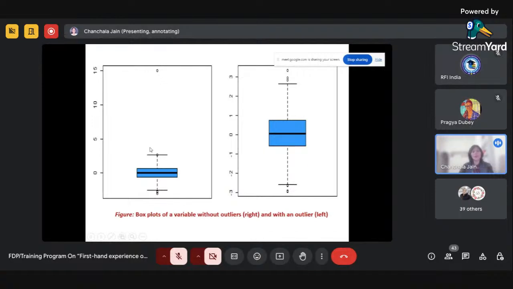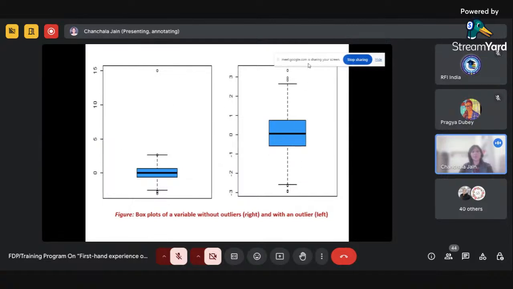If outliers are very near to the whisker, upper and lower, they may be considered part of your data. But if any data point is very far from the whiskers on either side, you need to decide whether to drop that data point or keep it. That will be the decision of the researcher.